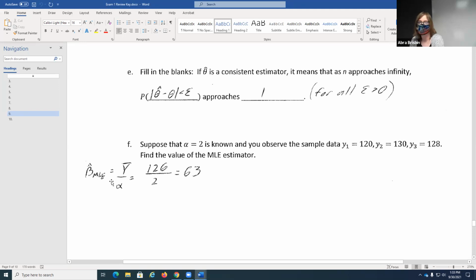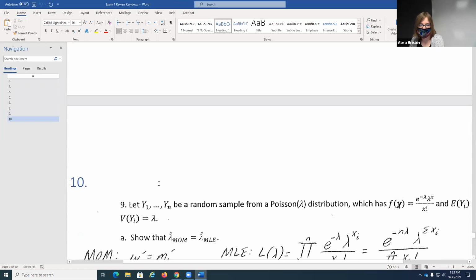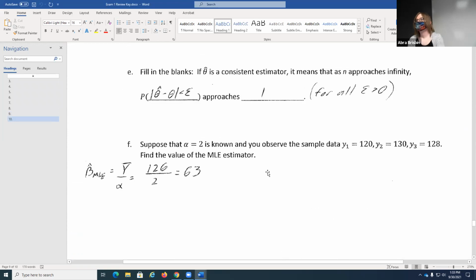So that's just, can you apply this formula that you found for the maximum likelihood estimator? So take y bar, the average of these 3 numbers. Add them up, divide by 3, you end up with 126, and divide by the value of alpha. And yep, that's it for question 9. Questions about that question 9?